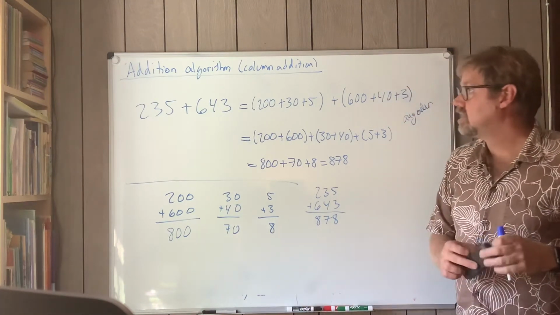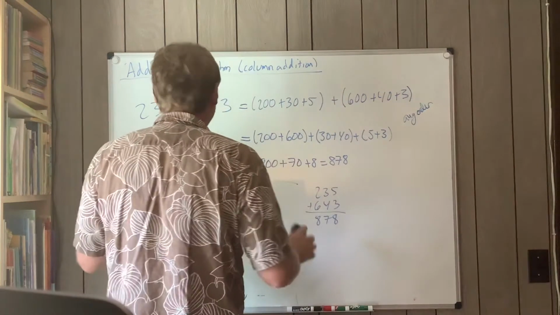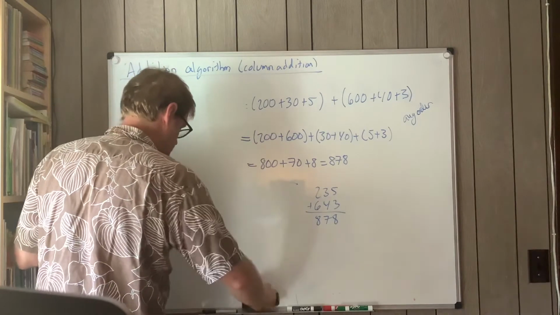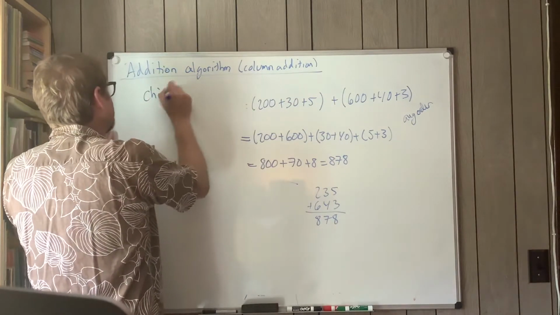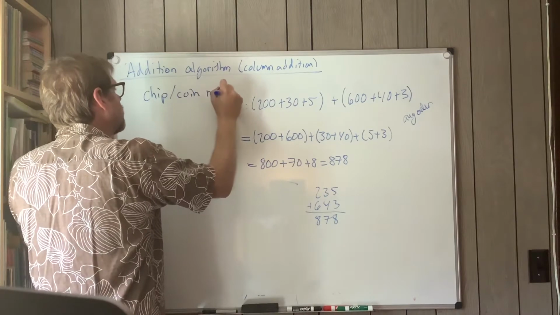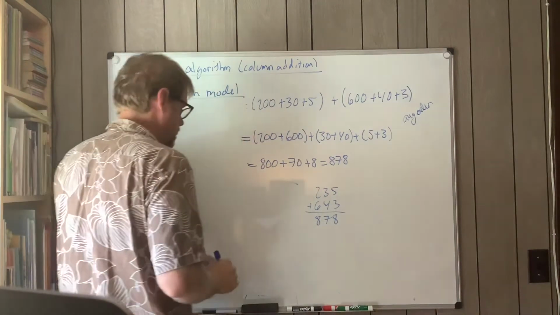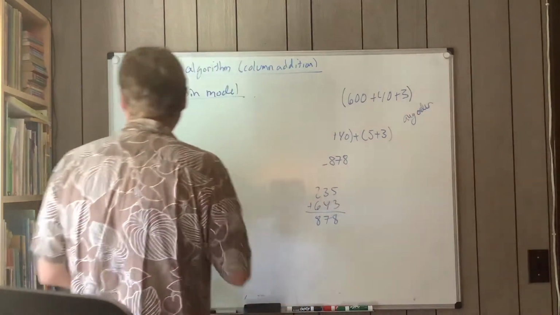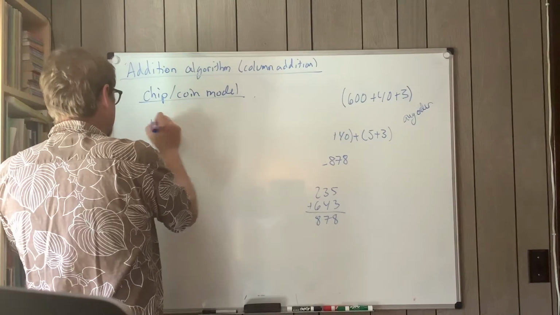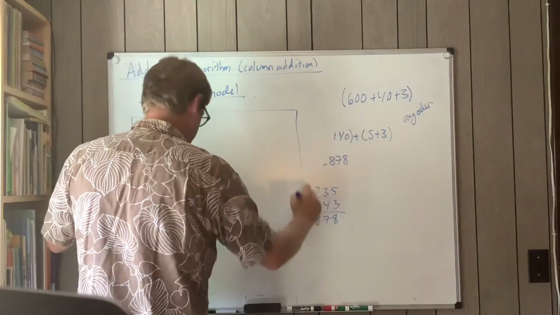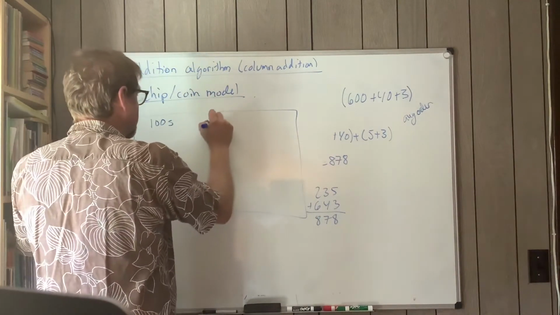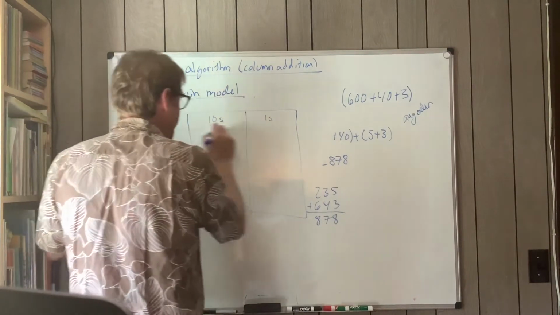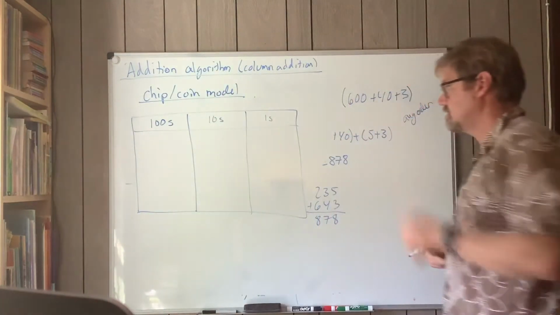Okay, now let's look at a chip model for this. I'm going to do the same problem, the chip or coin model. Here's all we're going to do. I've got a nice little box here for hundreds, tens, and ones.